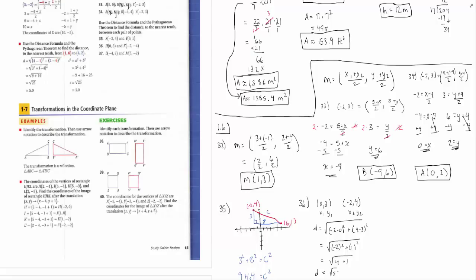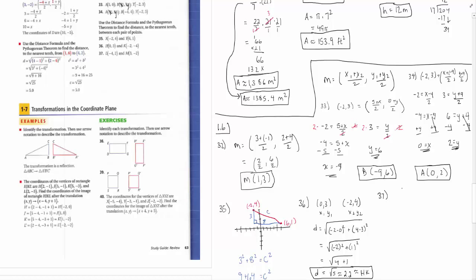The square root of 5 is 2.23, round to the nearest tenth, so that's approximately 2.2, which in this case we are trying to find what? HK, so you can call that HK. So 36, you write your radical 5, or 2.2, whichever one you want to use.